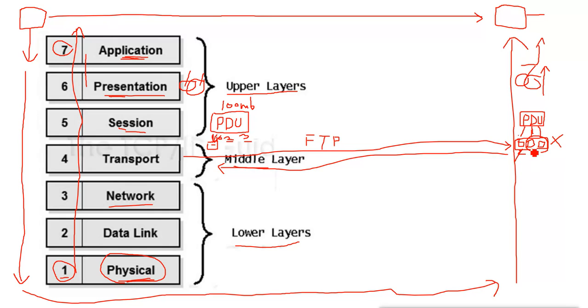If it says no, then again it will send the packet. So whenever the transport layer using TCP sends data, it makes sure the data reaches the destination. So it is guaranteed that the data will reach the destination, and on the other hand, UDP has no guarantee.